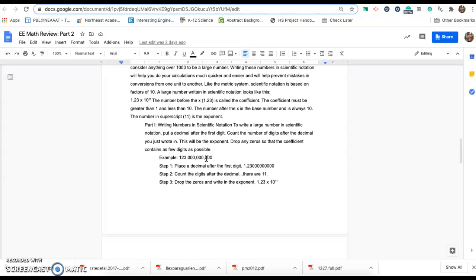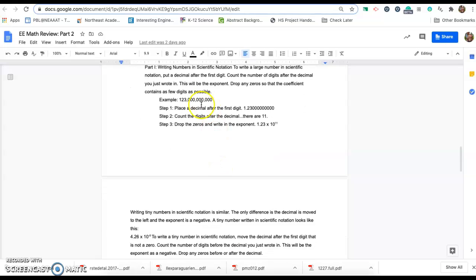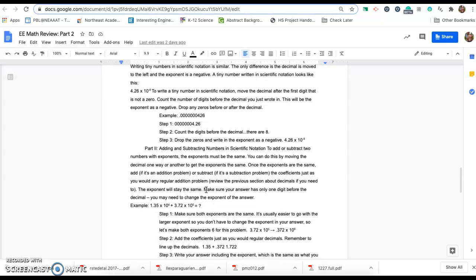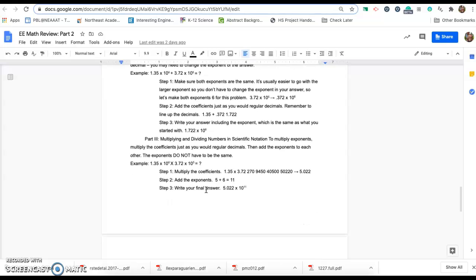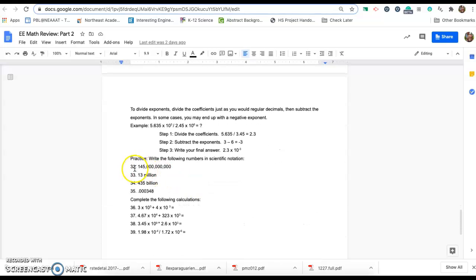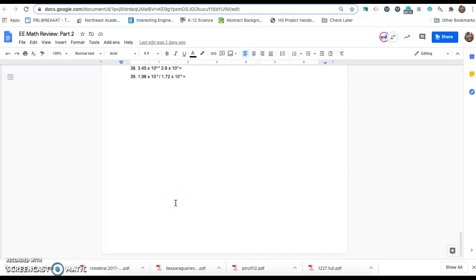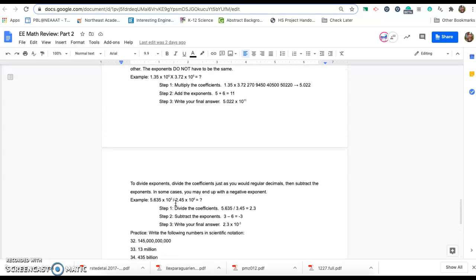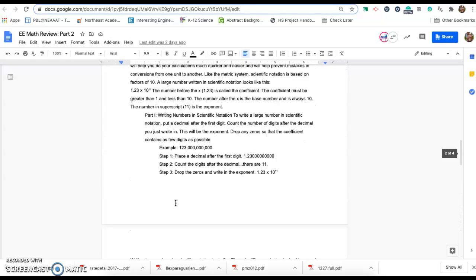The next section is on scientific notation. It's going to be a lot easier if you read through the explanation and look at the examples that they provide. Make sure, again, to put answers in bold right next to the question. And that's the end of the review for part 2.